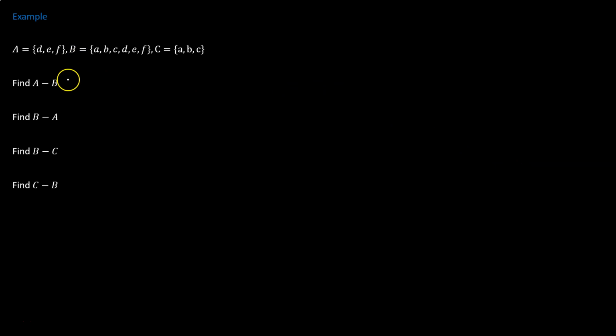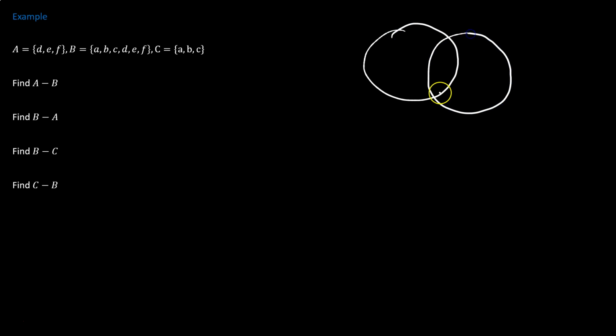Let's practice some set difference. If we have the sets A contains D, E, F, B contains A, B, C, D, E, F, and C contains A, B, C. So let's draw our diagram. We'll have 3 circles, 1 for each set.